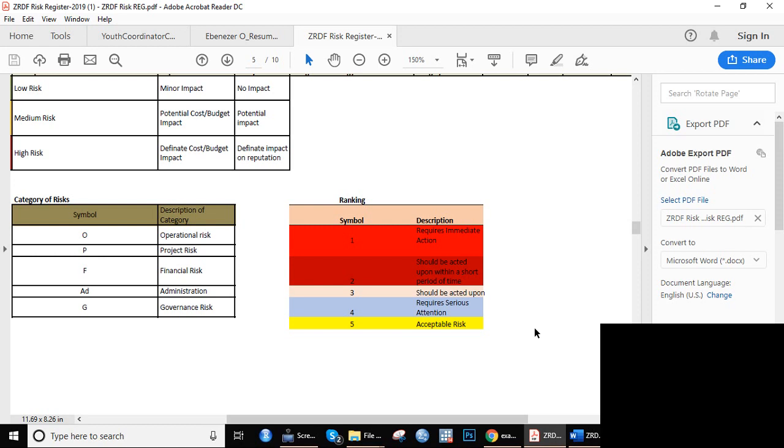Number 2, if you look at your risk that you have described and you think about it and you think, okay, even though this risk is likely to occur, and it might have some kind of a medium impact, as in it will definitely have an effect, but not as major as number 1, you still know that you need to put money aside, you need to respond to it within reason.